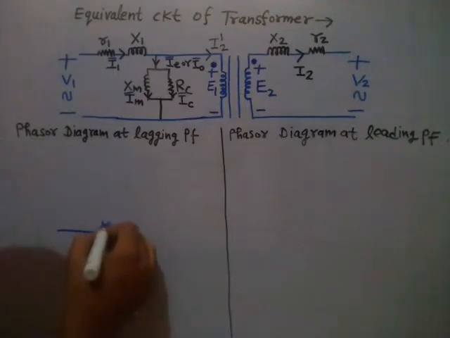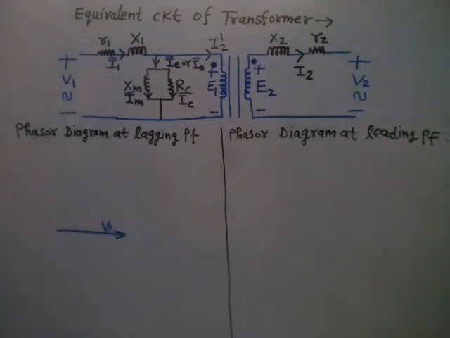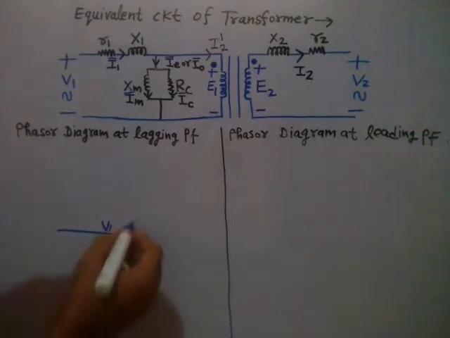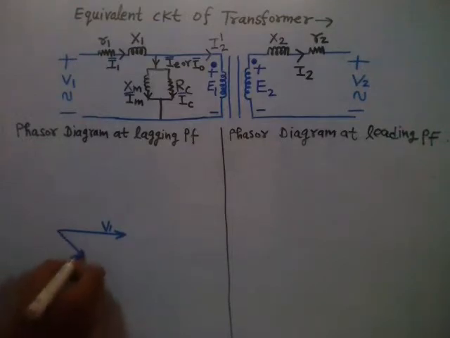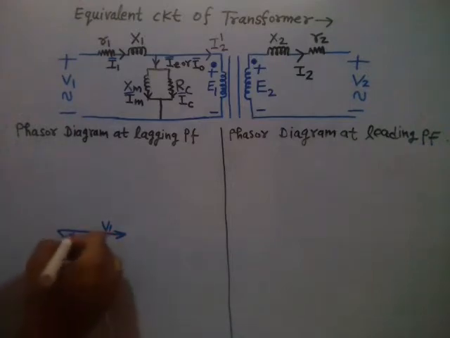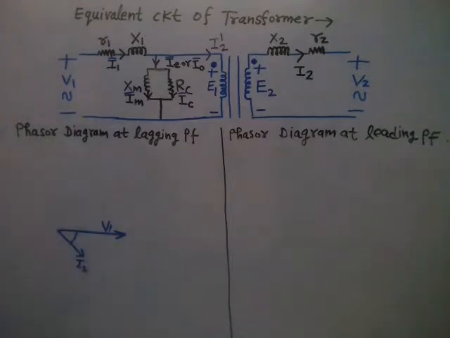Okay, this is V2, not V1, right? And I2, since you are saying it is lagging, so current I2 is lagging this voltage V2 by the power factor angle phi 2, right? Or you can say cos phi is the power factor, right?